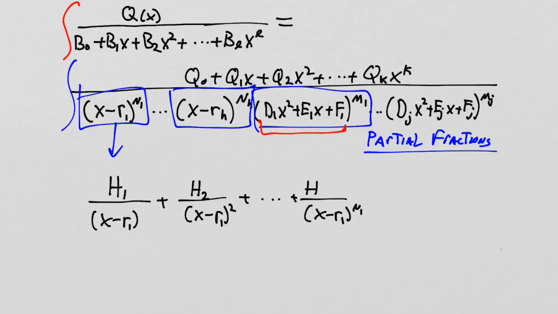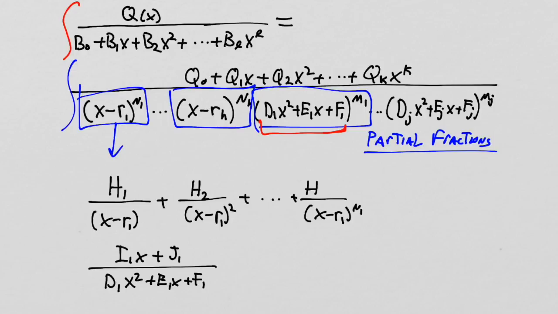Now, these guys here contribute a slightly different sum, right? Let's look at the first one. The first one will be d1 x squared plus e1 x plus f1, and then it's going to have i1 x plus j1.